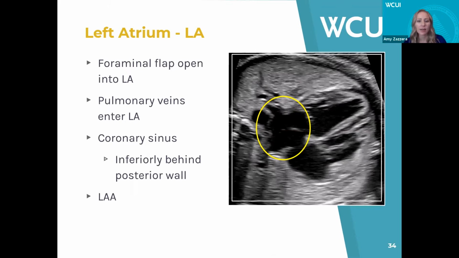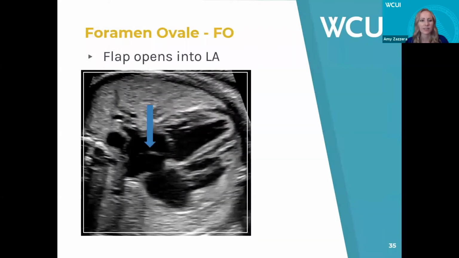And then it also has an atrial appendage, which is finger-like and narrow. So it has a different appearance from the right. Yep. All right. Okay, and this is pointing to that flap, that foraminal flap. So we just see how it's opening up into that left atrium, which is normal.